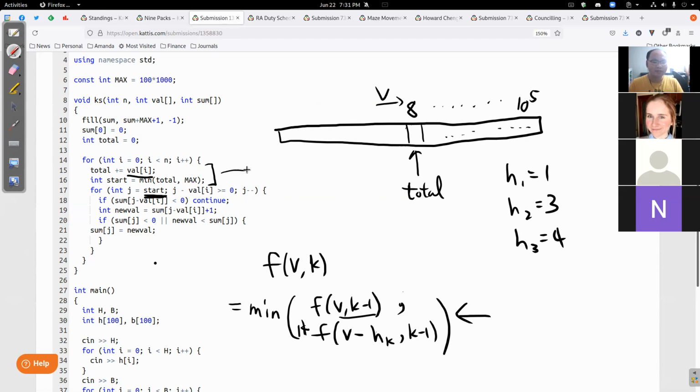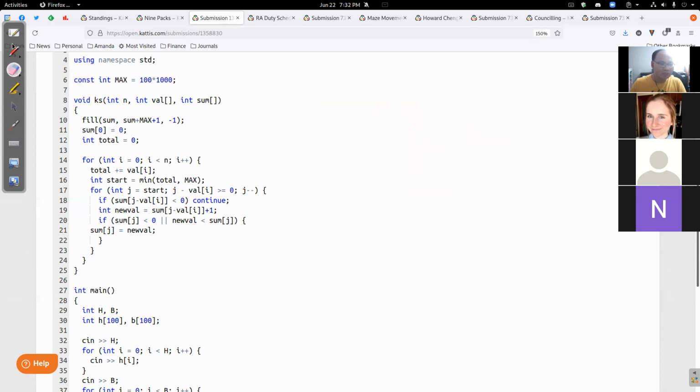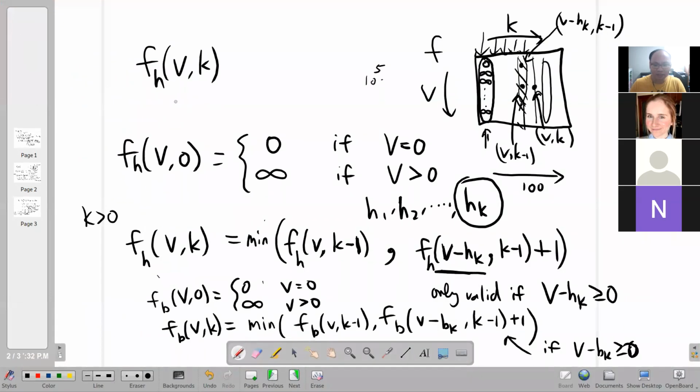So this is just a little bit of optimization to only compute the numbers that actually matter, because you know that there's no way you can actually reach them. Anyway, otherwise, you can use the two-dimensional version that I described before in these slides. That would also work.